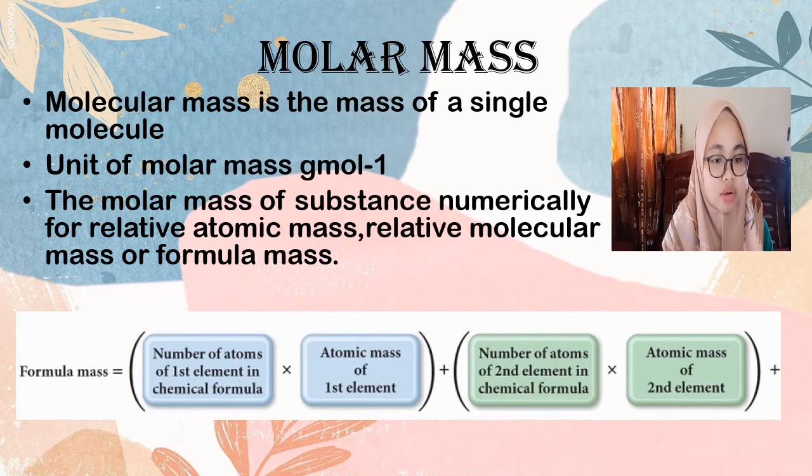The formula you can use to calculate the molar mass is: formula mass equals bracket number of atoms of one element in the chemical formula times atomic mass of one element, plus bracket number of atoms of two elements in the chemical formula times atomic mass of two elements.